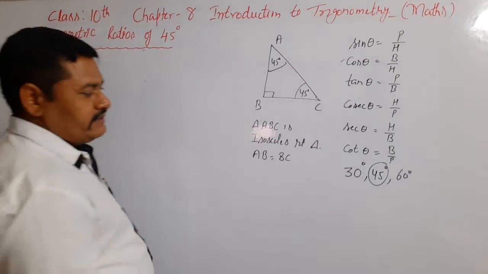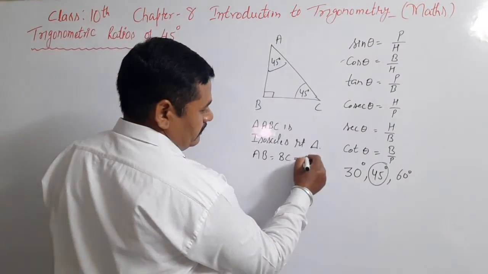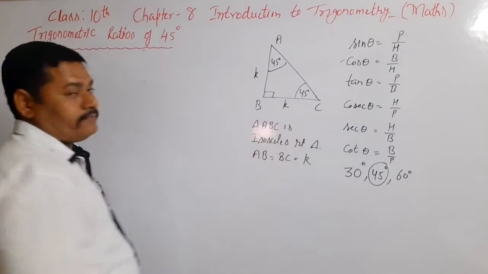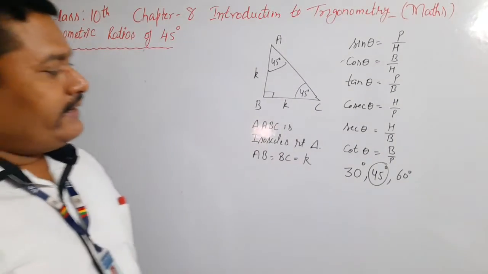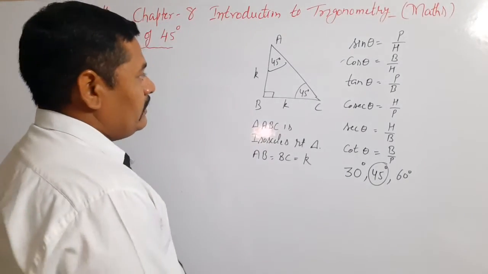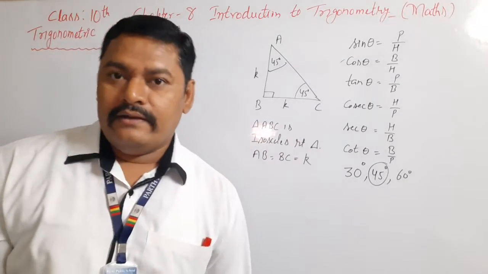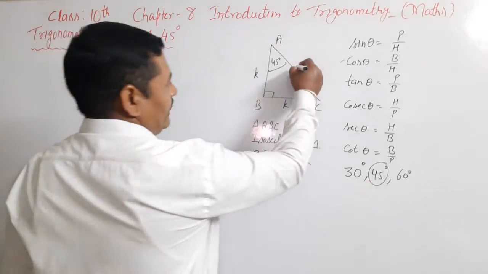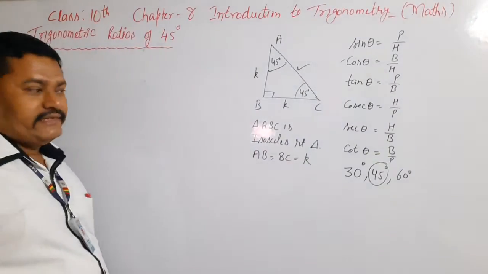Suppose we assume AB is equal to BC is equal to K. AB is K, BC is also K. And in order to find sin 45 degree, we know that sin theta is equal to perpendicular upon hypotenuse. We will have to find hypotenuse AC.